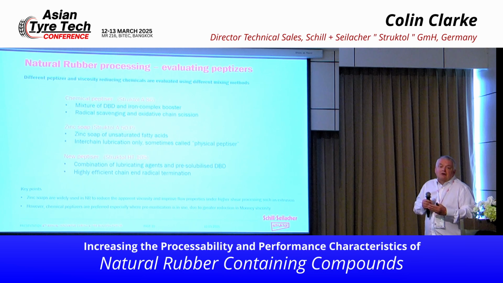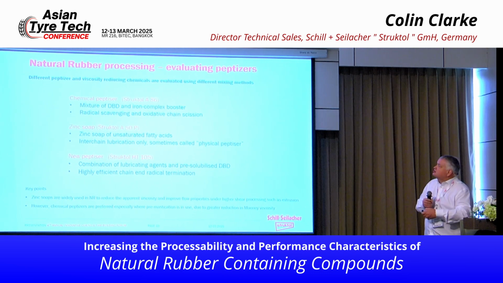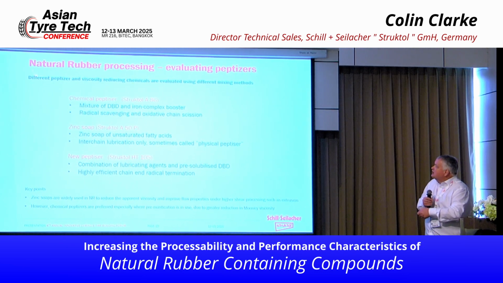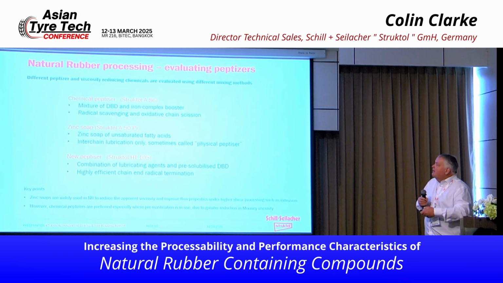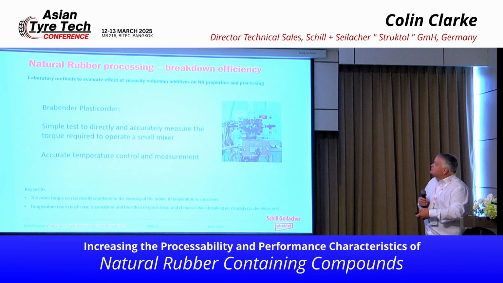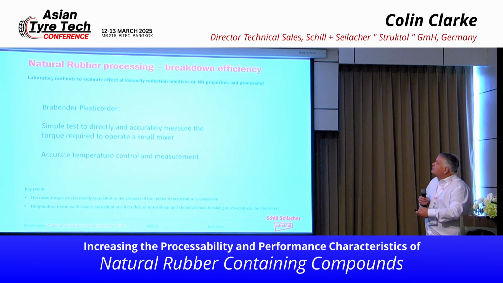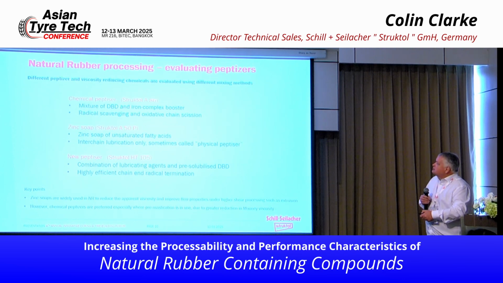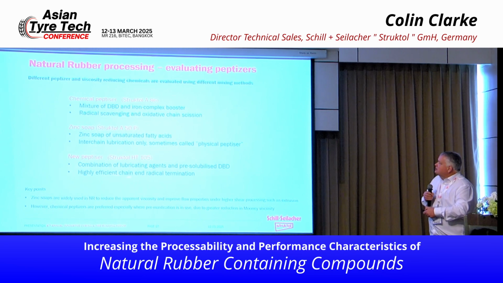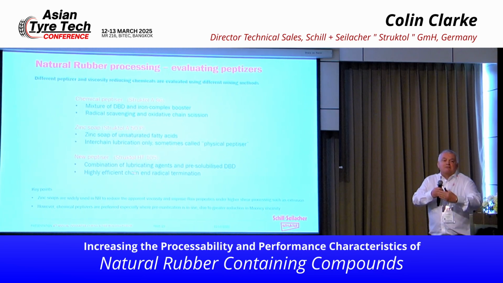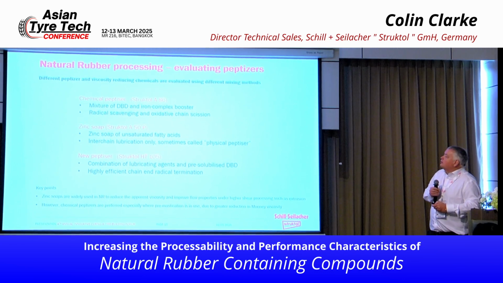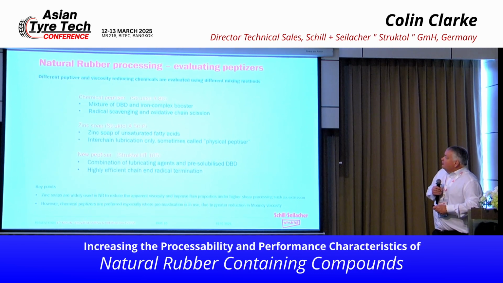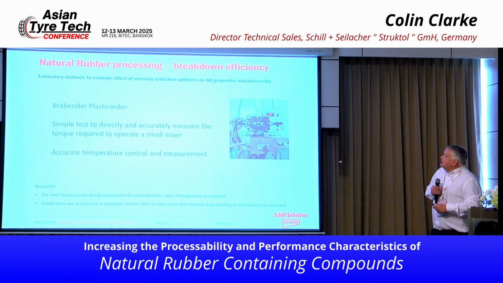So zinc soaps are often used for that, so we'll contrast the conventional chemical peptizer with a very conventional, traditional zinc soap, and then we'll introduce the new peptizer, product called Struktol HT105, and look at how that can be much more efficient and actually give us a better property profile overall.